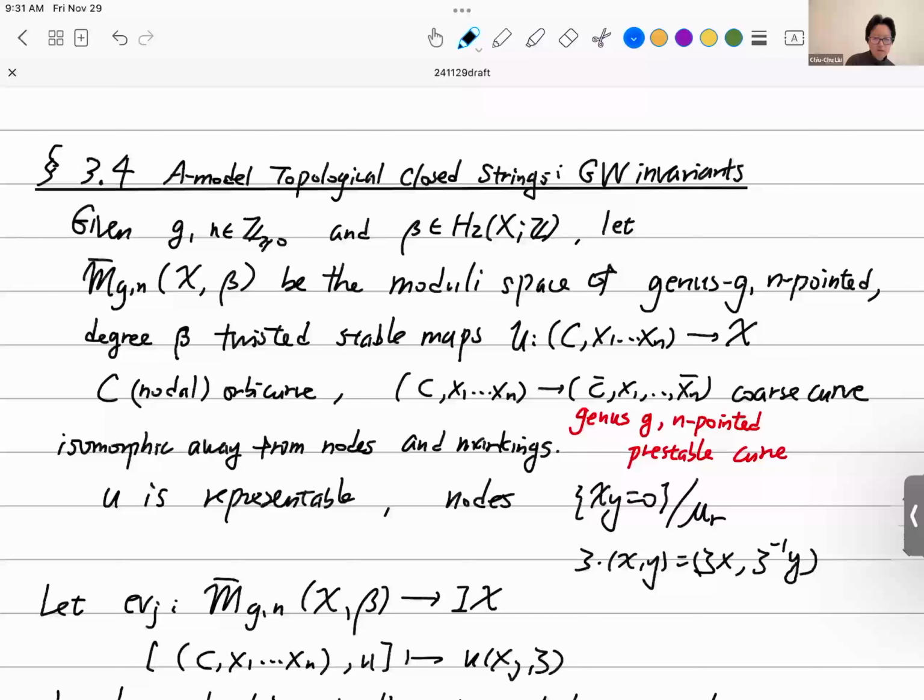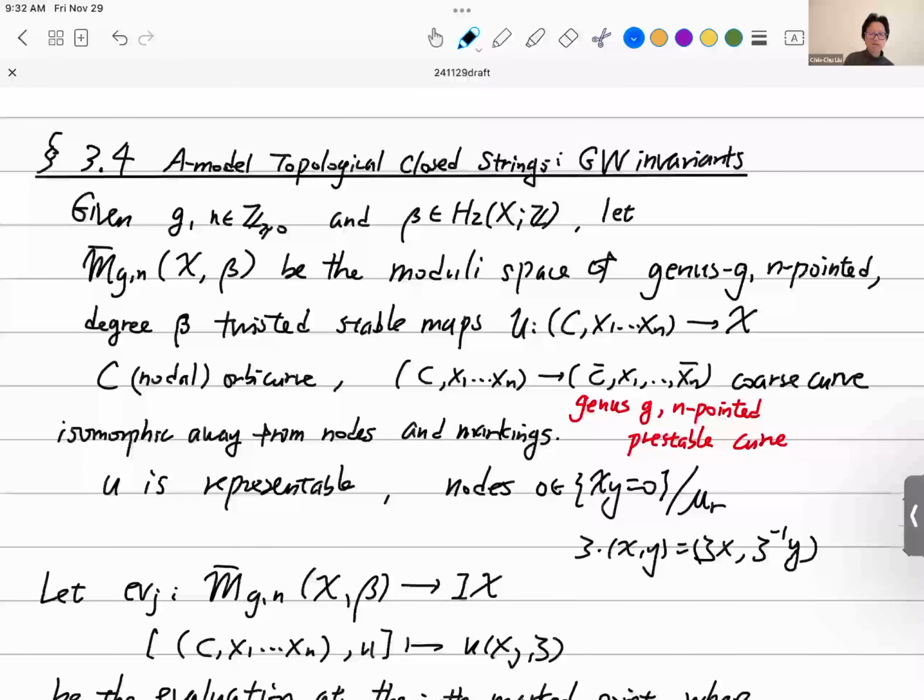Also, at the nodes, it's locally isomorphic to the origin in here, but it can be stacky with some cyclic automorphism group. But the action on the two branches, x and y, must be opposite.